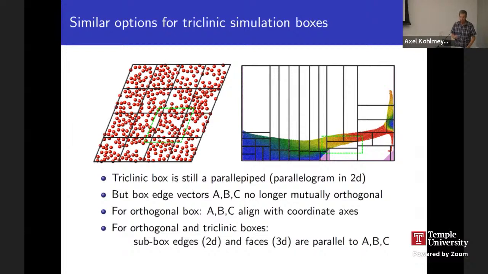And this is also the reason why, if you use a non-orthogonal box, you have more noise, because you have multiple steps during the simulation going from real positions to fractional positions and back. That's done as needed because some operations need to be done in fractional coordinates and others in orthogonal coordinates.